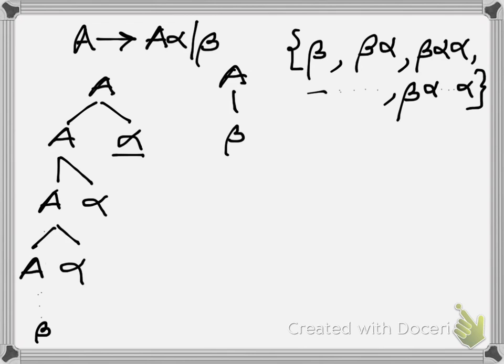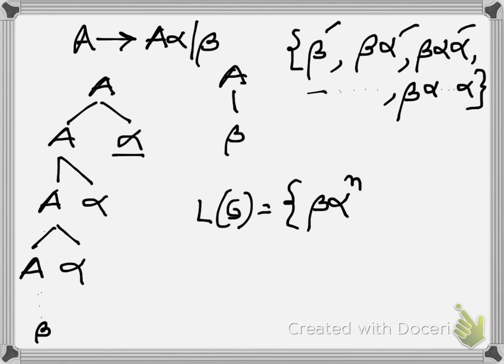So the language generated by this grammar is a string which starts with beta followed by zero or more alphas. This is zero alpha, this is one alpha, this is two alpha, and this is some n number of alpha, where n is greater than or equal to 0.